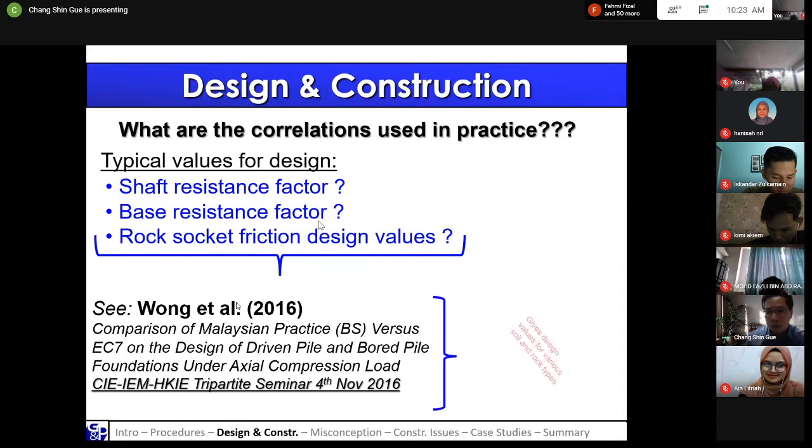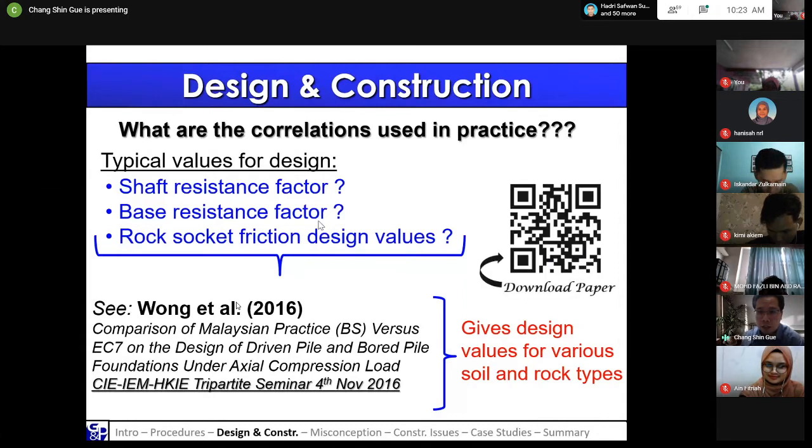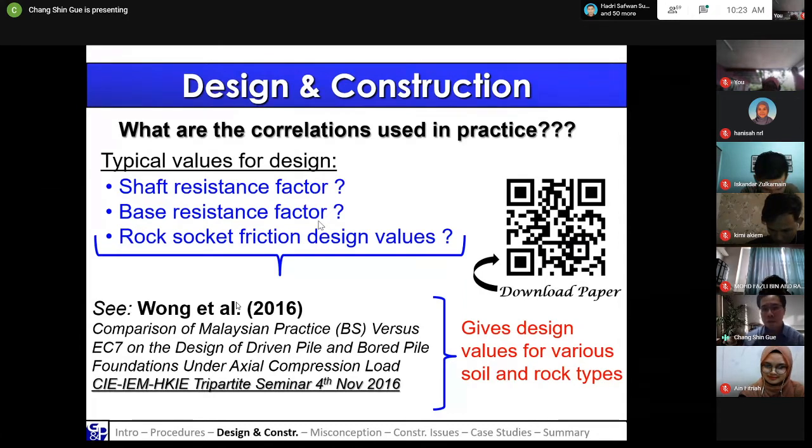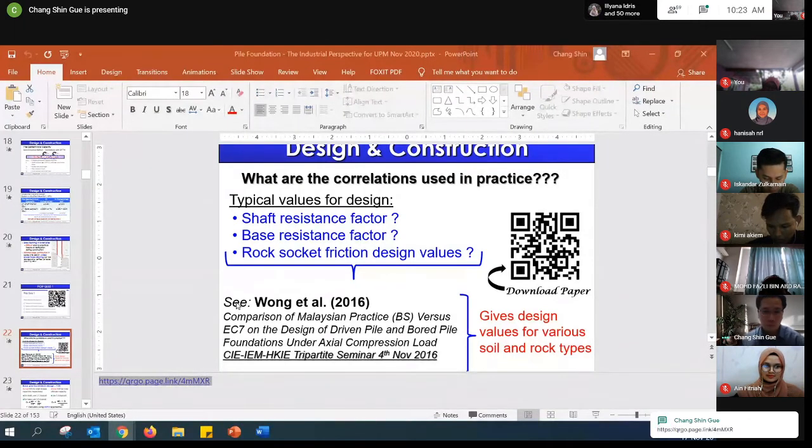Here it gives you the typical values for soil and rocks as well. So you can scan the QR code to download the paper. I would also give you the link in case you are unable to scan it if you're using your phone for this talk.